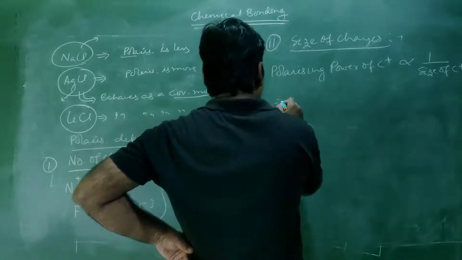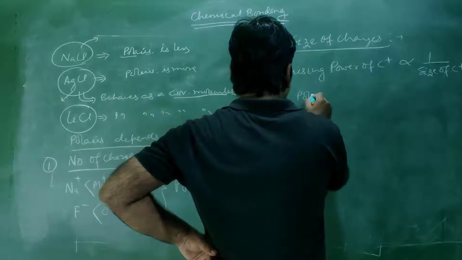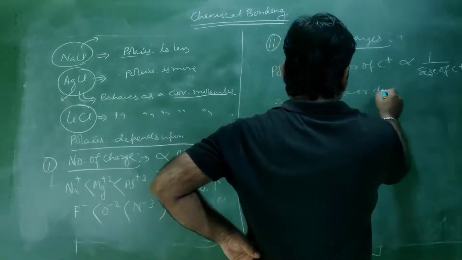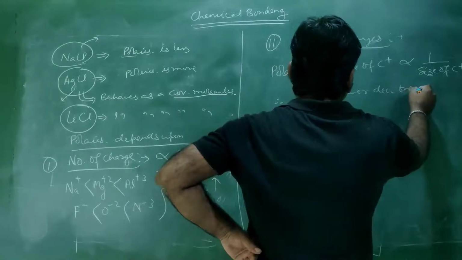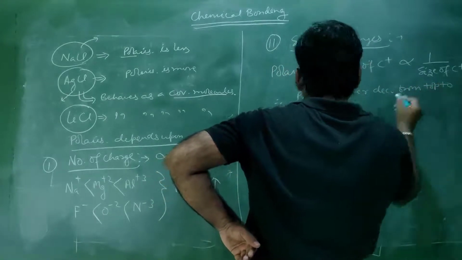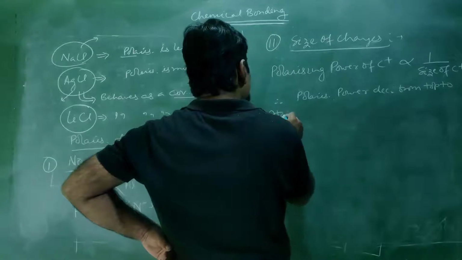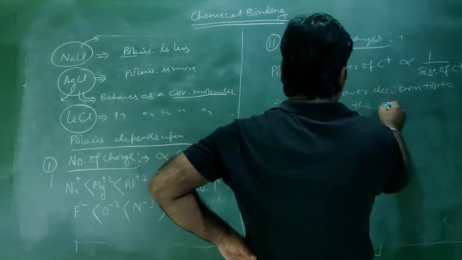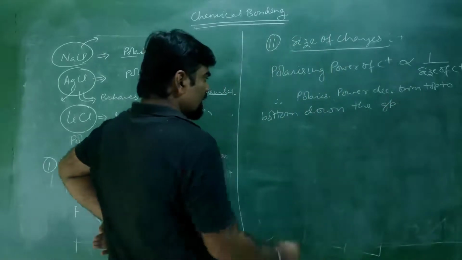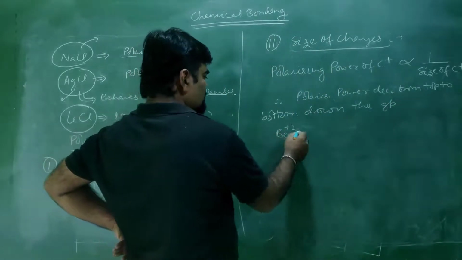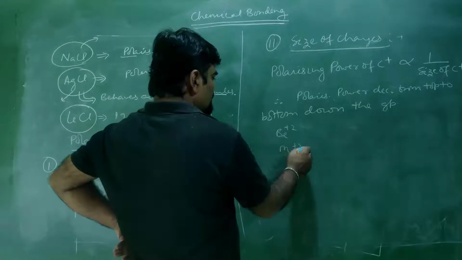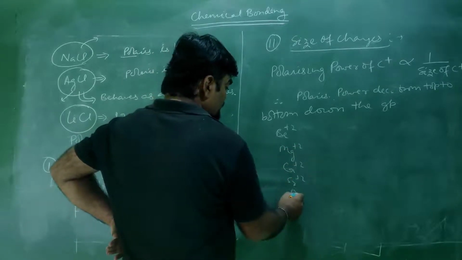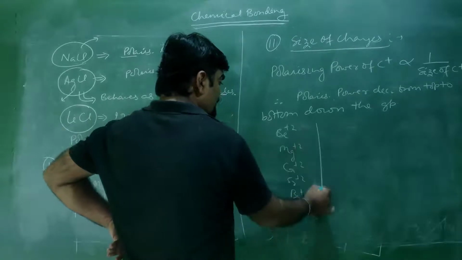That is the reason why polarizing power decreases from top to bottom down the group. Suppose we take beryllium 2+, magnesium 2+, calcium 2+, strontium 2+, barium 2+; radium is radioactive in nature.